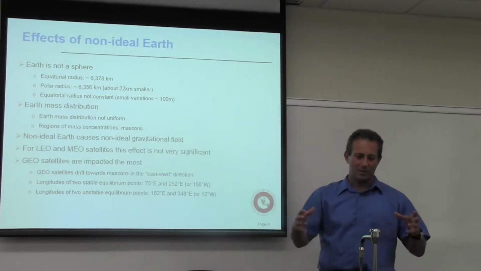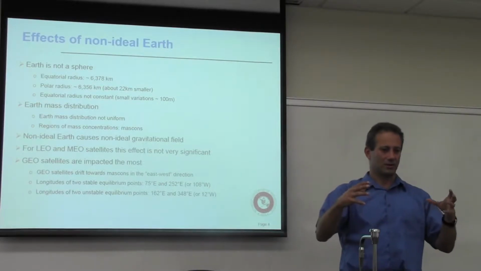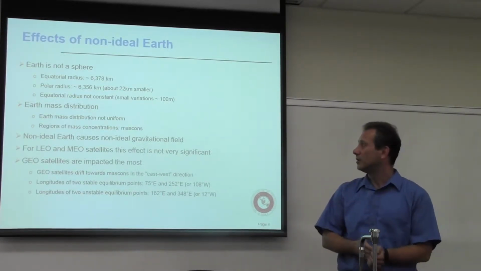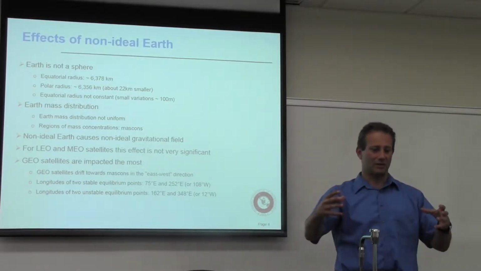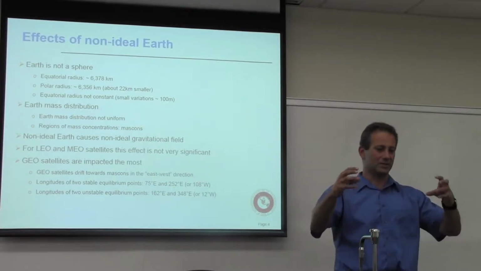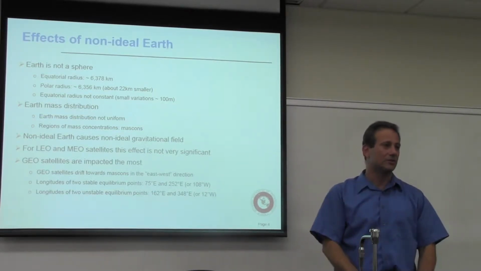Also, Earth is not uniform. There are different materials that it is made of, and that makes the distribution of the mass in this sphere non-uniform. And that changes the gravitational field.